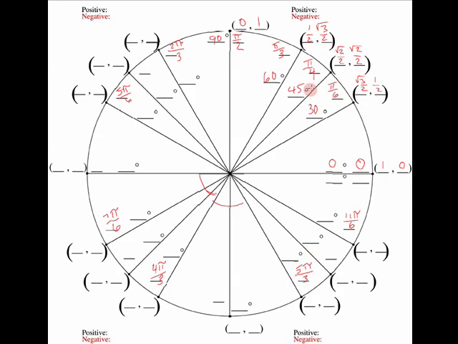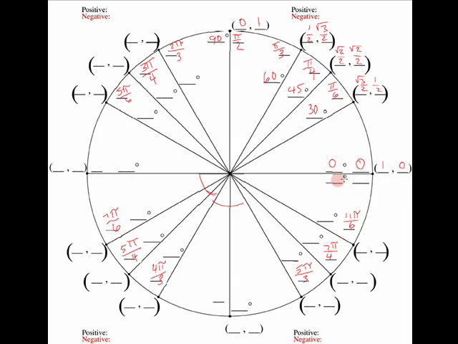Alright, let's go around and finish it off with the 45s. Pi over 4, 2 pi over 4, 3 pi over 4, 4 pi over 4, 5 pi over 4, 6 pi over 4, 7 pi over 4, and 8 pi over 4.